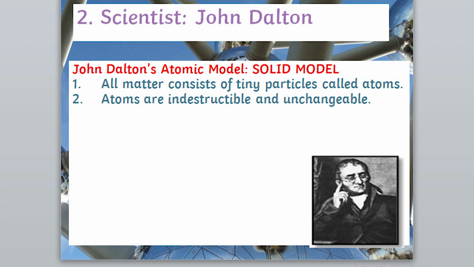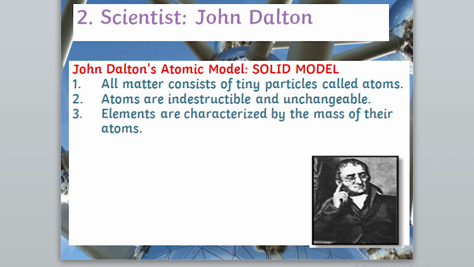As an example, if we have a piece of iron, it's formed from millions of iron atoms, where each atom can't be divided into smaller parts, so it's indestructible, and these atoms of iron can't change into atoms of gold, and then these atoms are unchangeable.